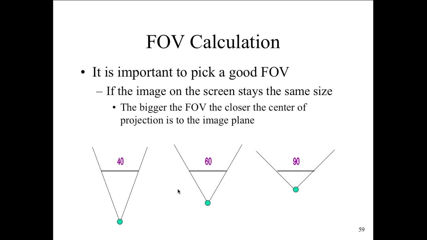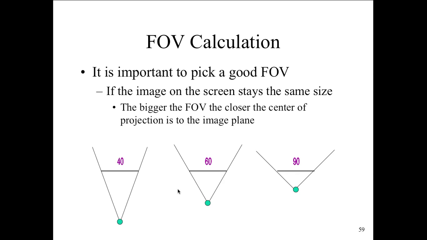It's like level of detail, there's FOV. The bigger the FOV, the closer the center of the projection is to the image plane. The farther away, excuse me, the smaller it is, the farther away it is. What in the world does the F stand for? It's of view, but I can't remember the F. There we go. Okay, so I'm back.